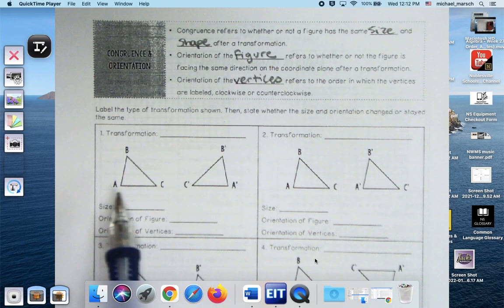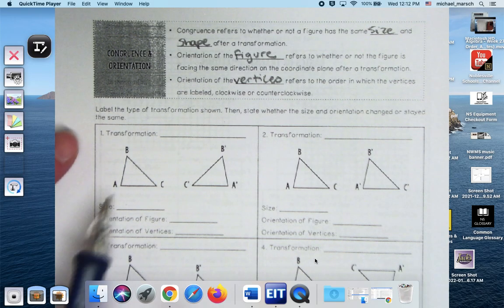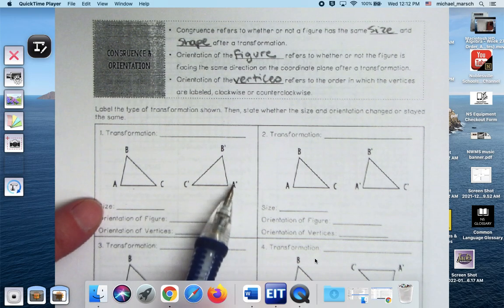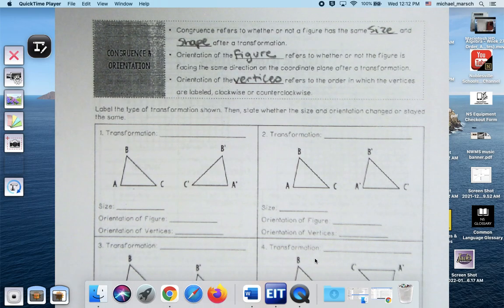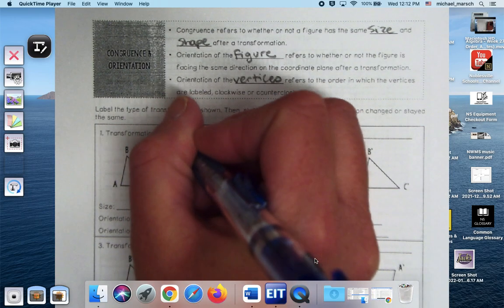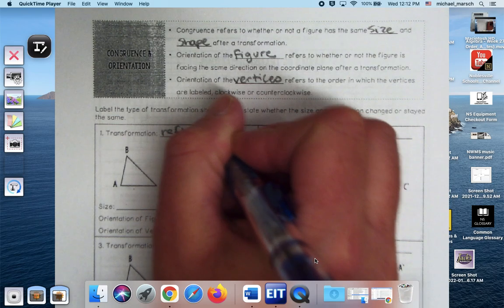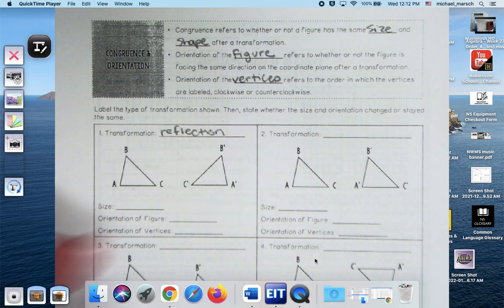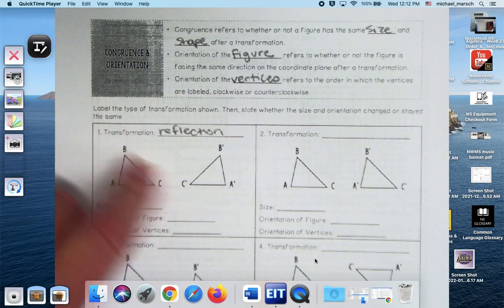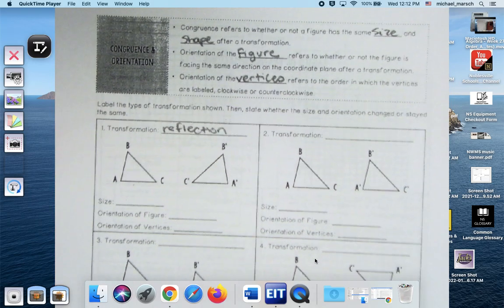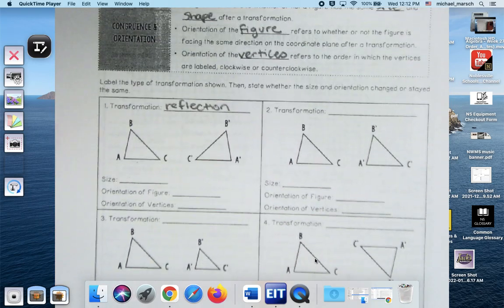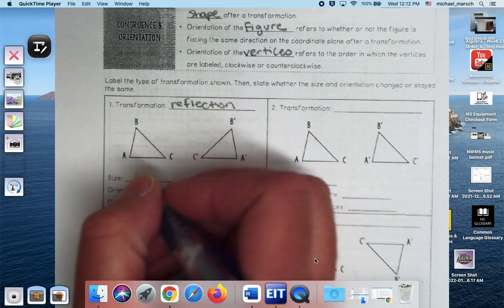So first we need to decide, what is this transformation? What happened here between A, B, and C and A prime, B prime, C prime? Yep, it's a flip or a reflection. We're going to try to stick to the 8th grade words here. So did the size change?